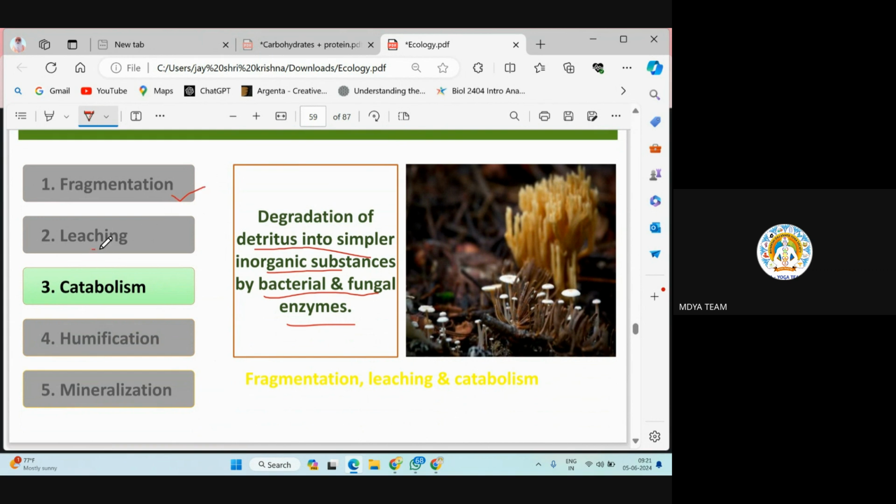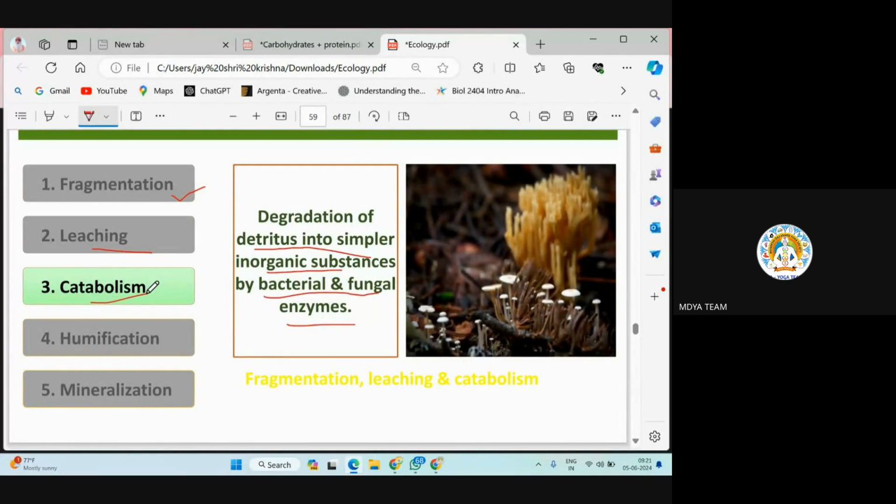Leaching means, as you ate your food, the minerals in your food don't need to be digested. For example, calcium, magnesium. You have never seen how calcium is digested, how magnesium is digested. Minerals are directly absorbed. Similarly, minerals present in that detritus will be directly absorbed in the soil.